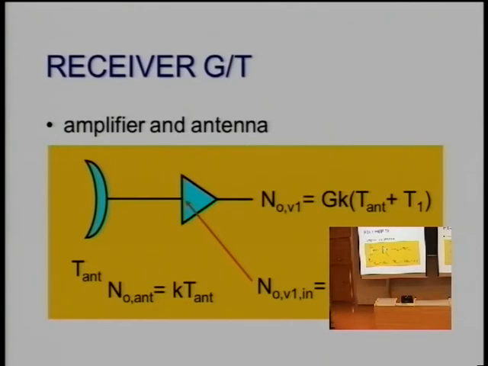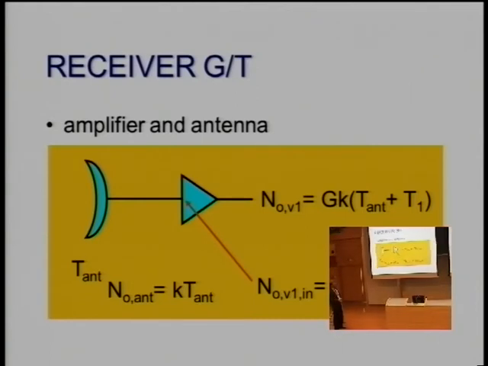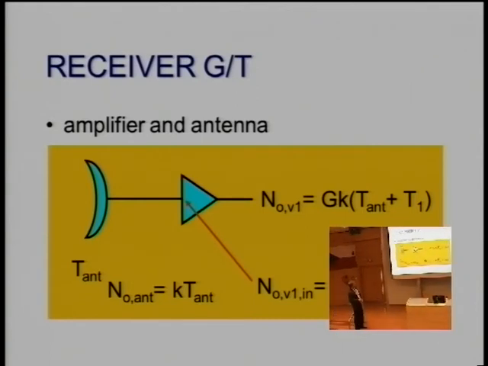Then we would amplify that. The noise density at the output of the receiver will be the noise of the antenna plus the noise produced by the receiver itself, times the gain. And when we relate that to the input as a reference point, then we divide by G.